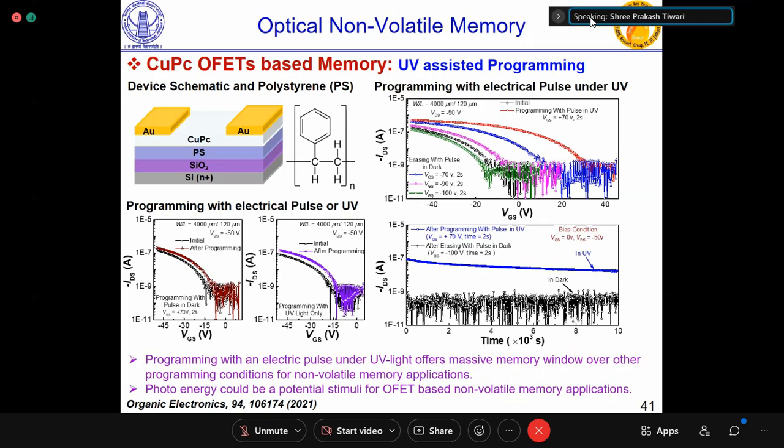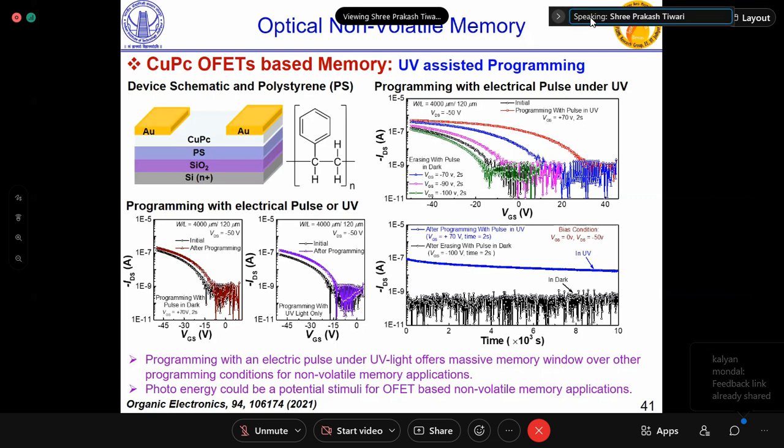But here what we demonstrated is that if you program with an electrical pulse along with UV, we could see an increased memory window. And at high operating voltage, we could see huge memory programming conditions. This is for non-volatile memory applications.